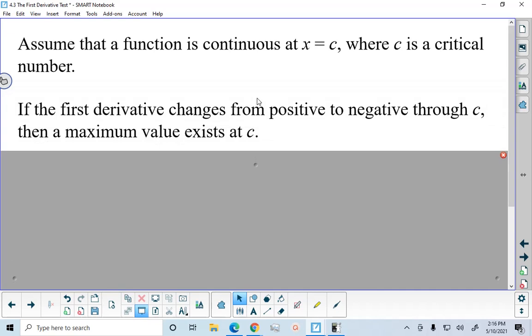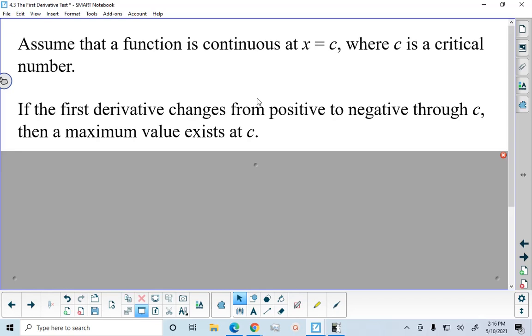If the first derivative changes from being positive to being negative through c, which means immediately before c, the first derivative is positive, and immediately after that x coordinate of c, the first derivative is negative, then a maximum value of the function has to exist there.